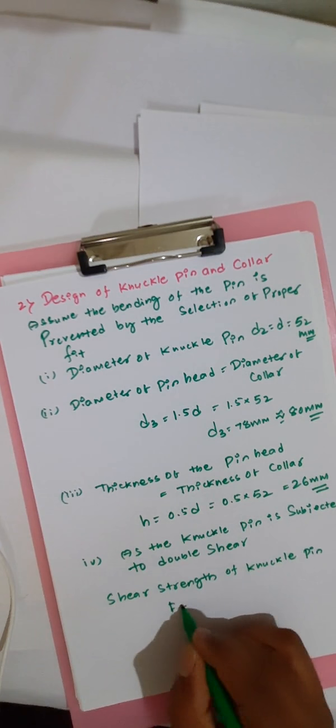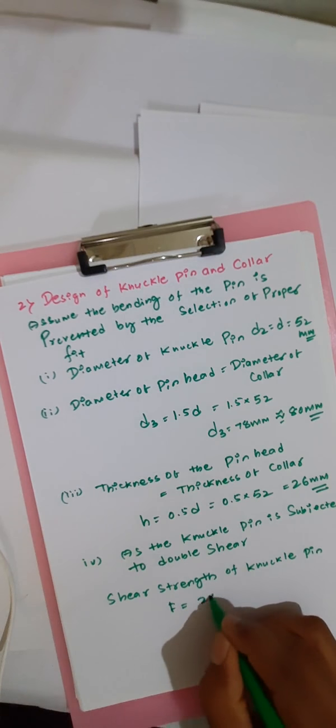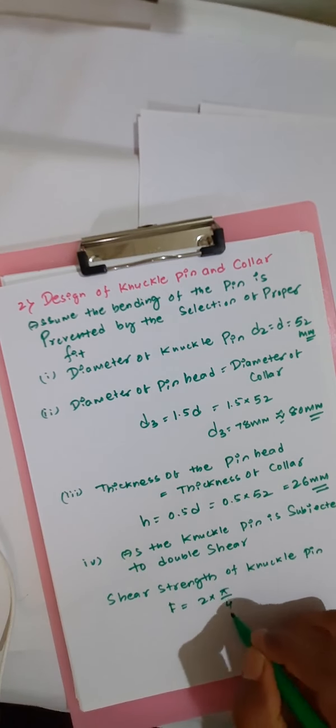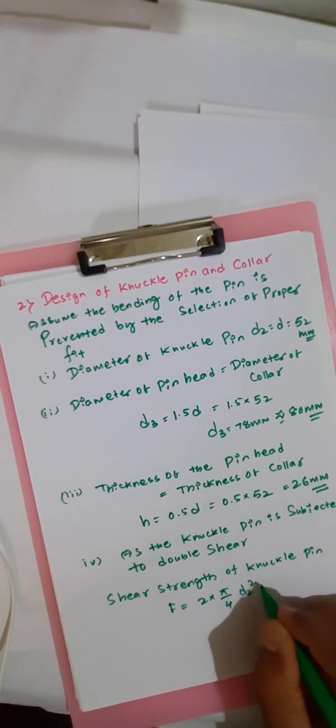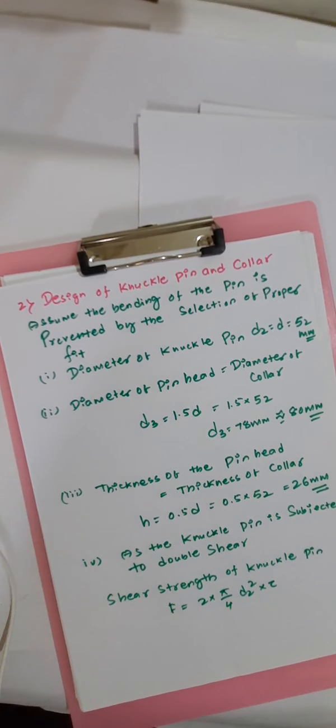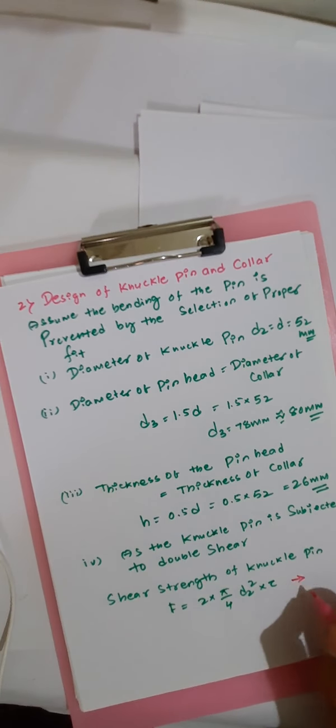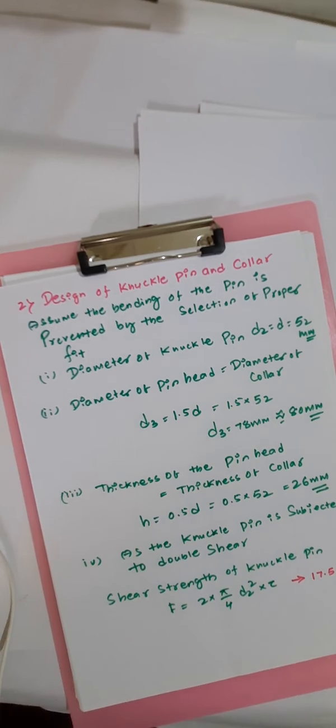F is equal to 2 into pi by 4 d2 square into tau. So this is the equation which is available in the design data handbook, the equation number 17.53.